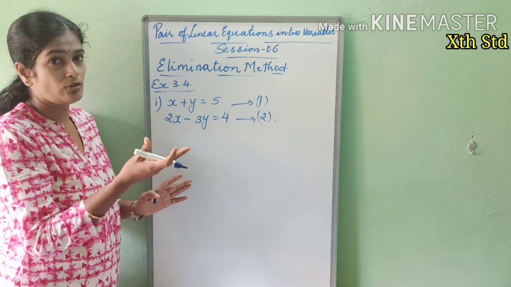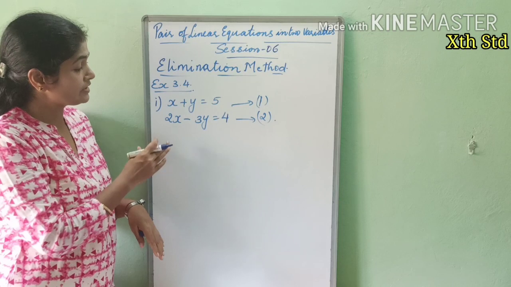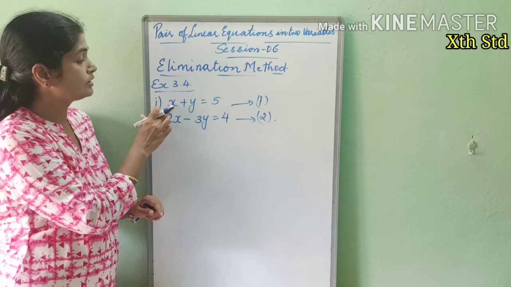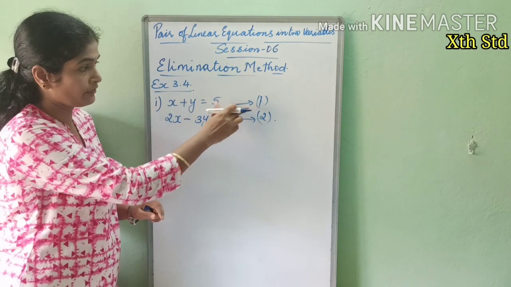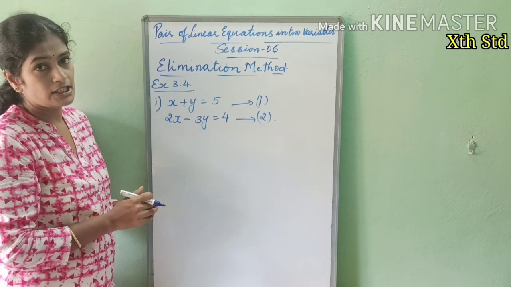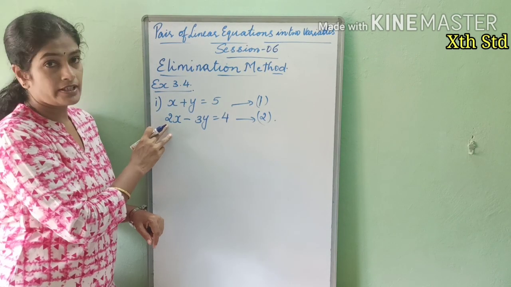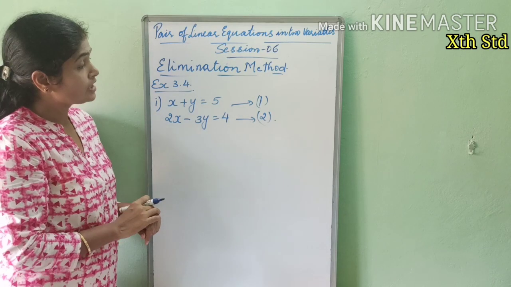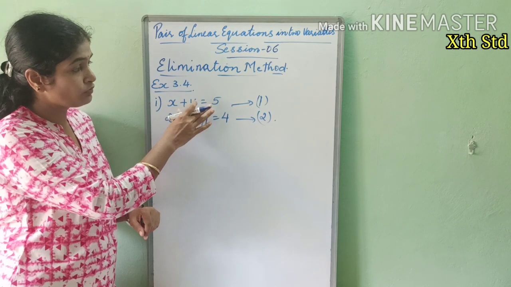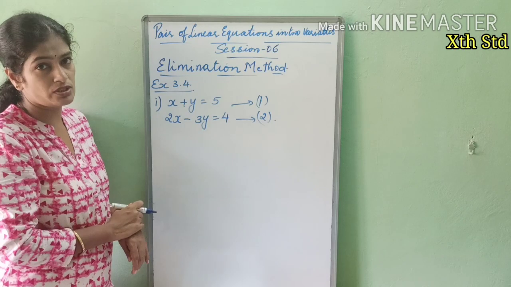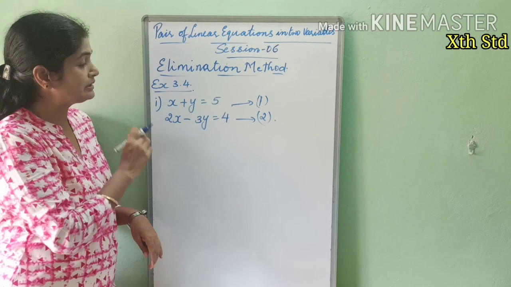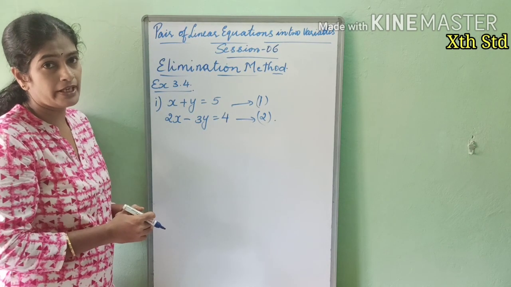As we always know, multiplication is much easier than division. So we will try to make the coefficient of x in equation 1 as 2, because in the second equation the coefficient of x is 2 already. So how to make it? Equation 1 we will multiply by a suitable number, which will be 2.